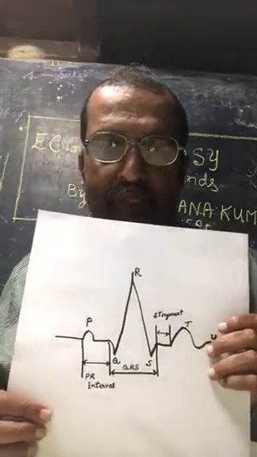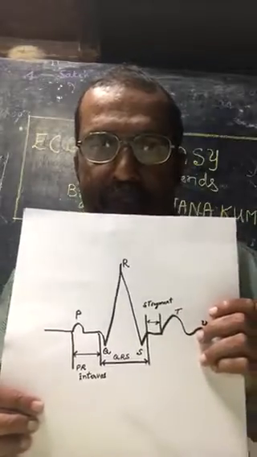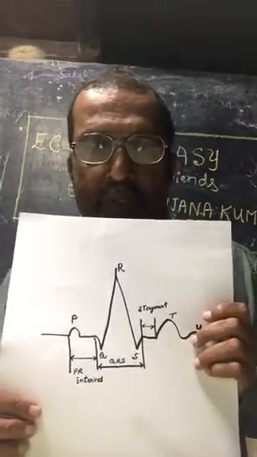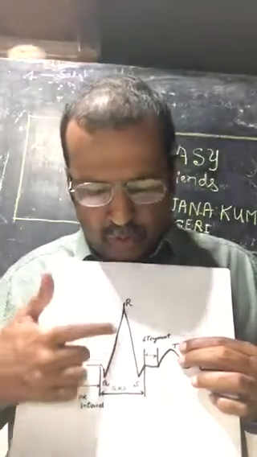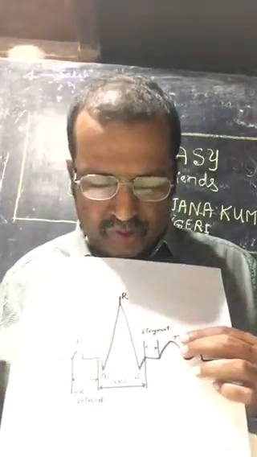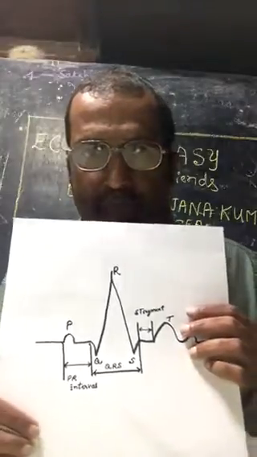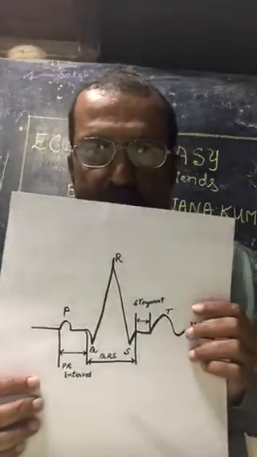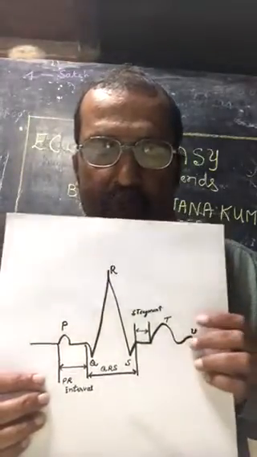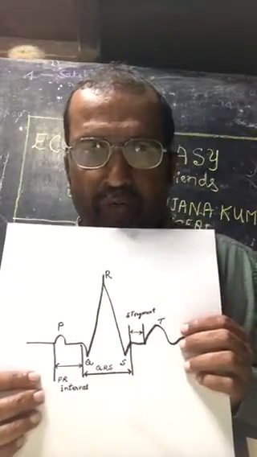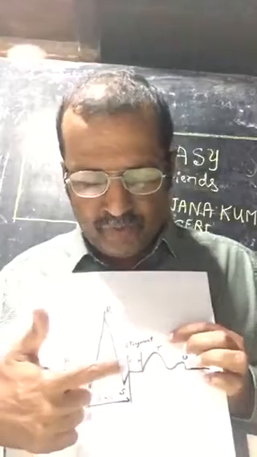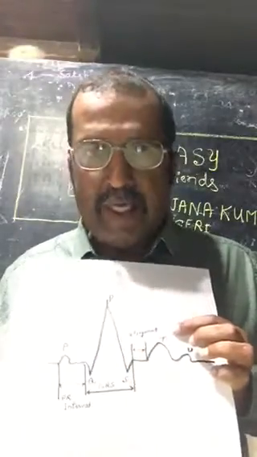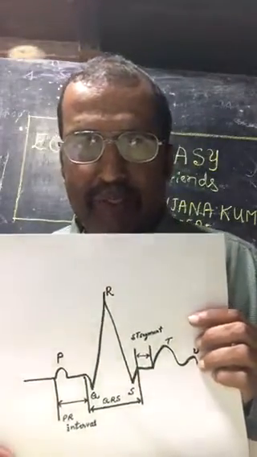If it is delayed, then we consider something is wrong in the right atrium. Then the duration of the QRS complex is 3 to 5 small squares, that is 0.15 seconds.